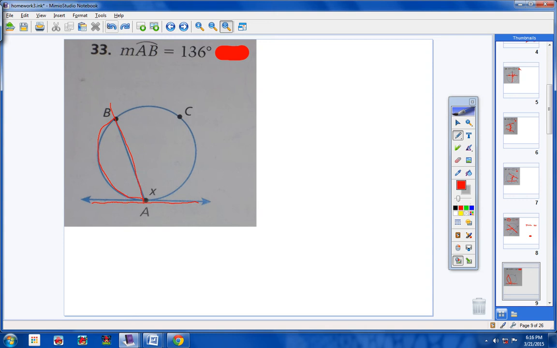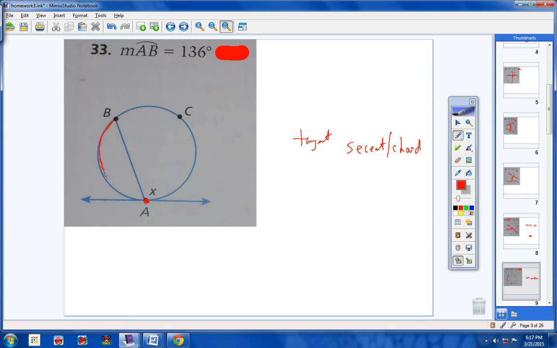We learned that when you have a tangent and a secant, or in other words a chord, that intersect at a point of tangency, the arc that is formed is going to be twice as big as the angle that formed the arc.